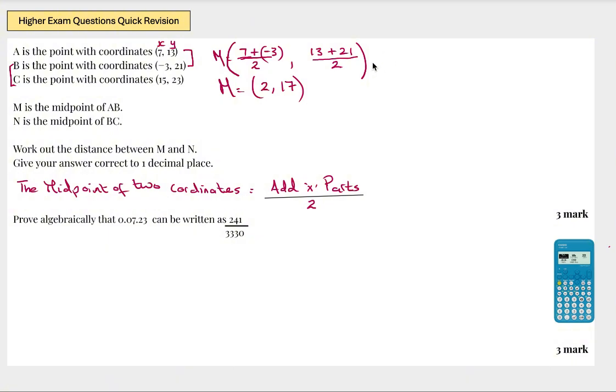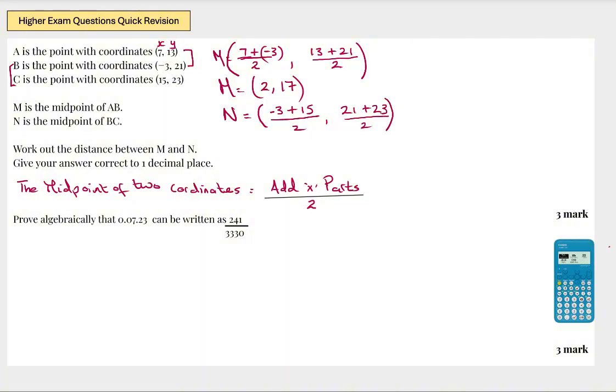So now we've got N equals what we've got. We've got minus 3 plus 15. And we also have 21 plus 23, all over 2.